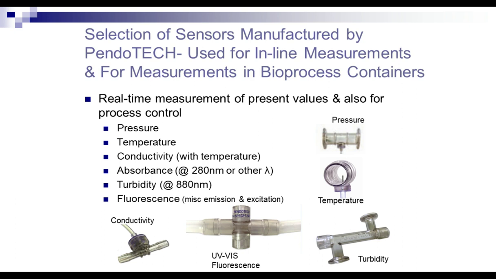This is the large one, 6.5 centimeter path length. And if you follow over to the left, a UV vis hose barb connection flow cell, also single use. And the last one in the lower left corner, the conductivity single use sensor, also with hose barb connections. Again, all single use and available for inline measurement.